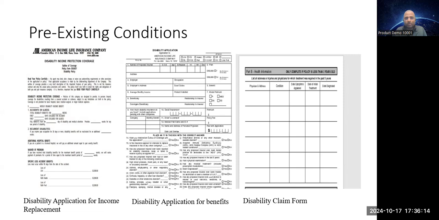And the way they approve those would be by reviewing your pre-existing conditions. Should they find out later on, once you submit a claim, that you had a pre-existing condition that you didn't declare on your application, that might just null and void the coverage altogether.